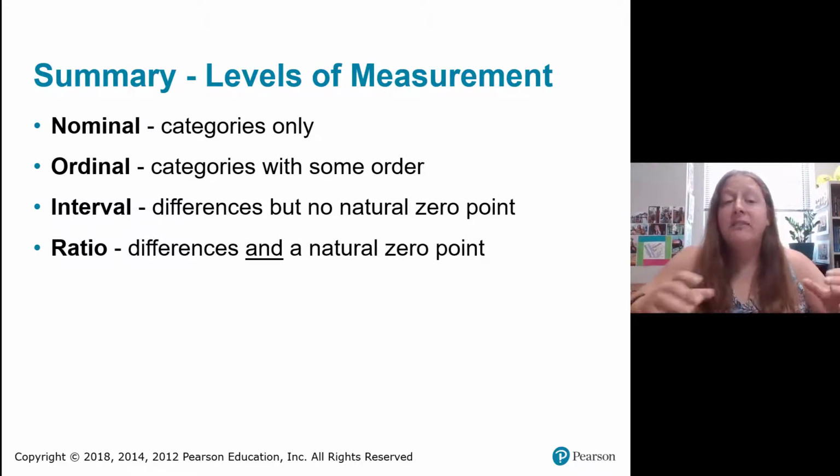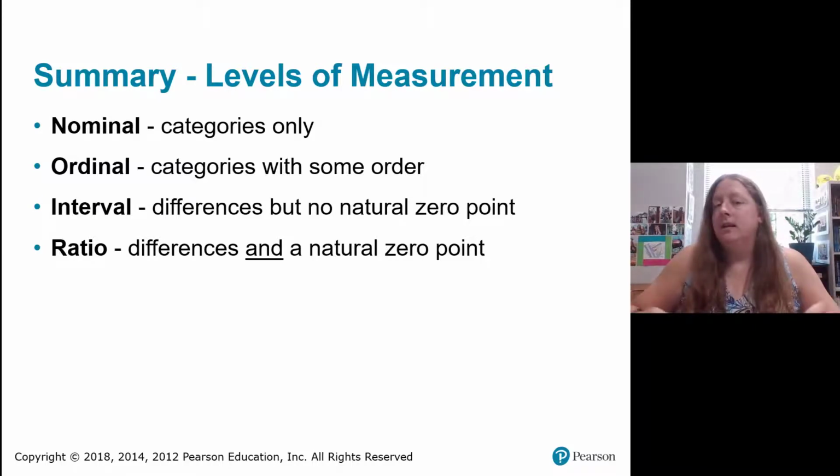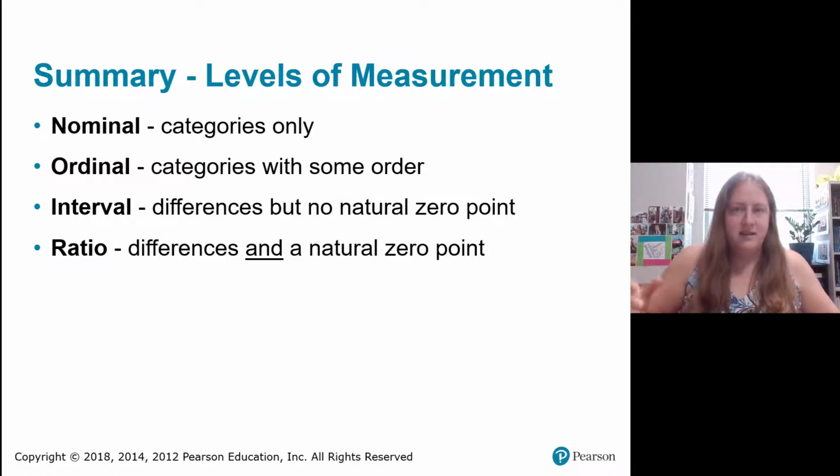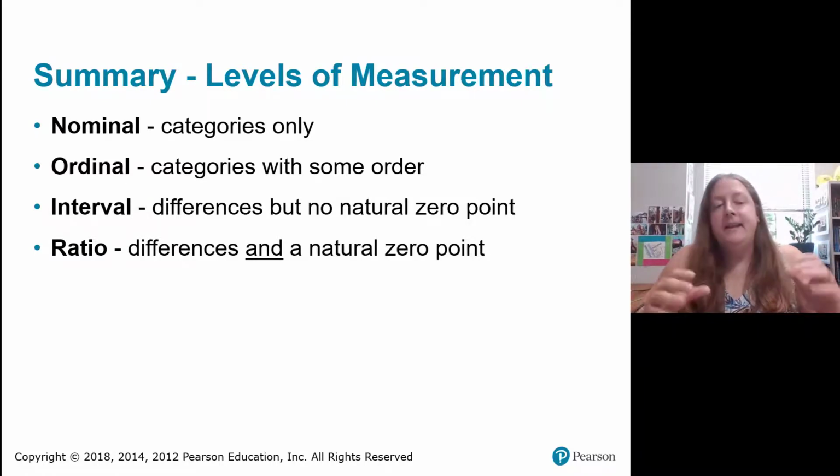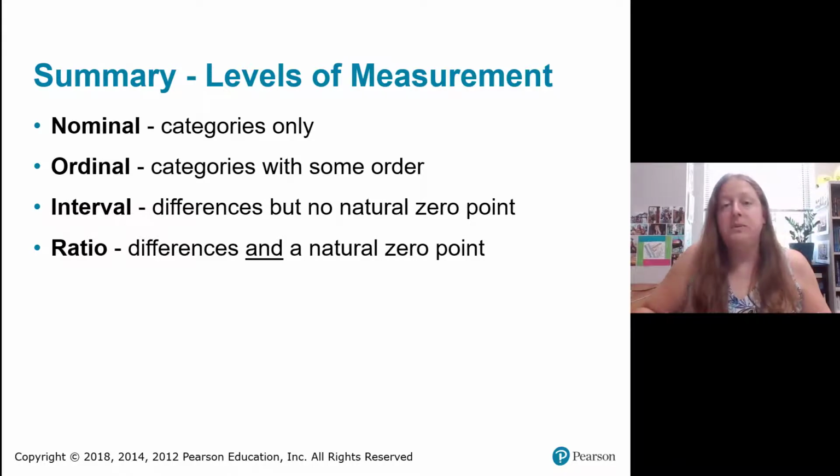So again, we still have the boxes, but now it matters how spread out they are, but there's no place where the boxes have to be to the right of. And then finally, ratios, where we have a starting point where all the boxes have to be to the right of that, and it still matters how far apart they are and all of that, all right? So those are our 4 categories of data.